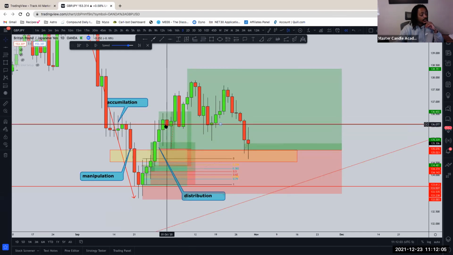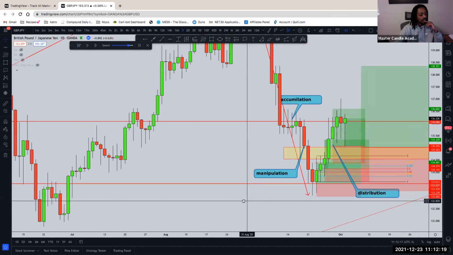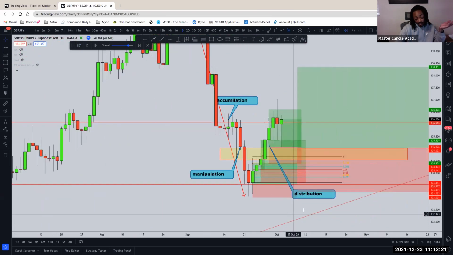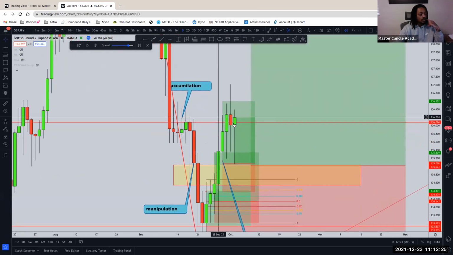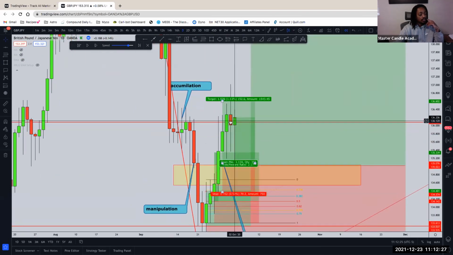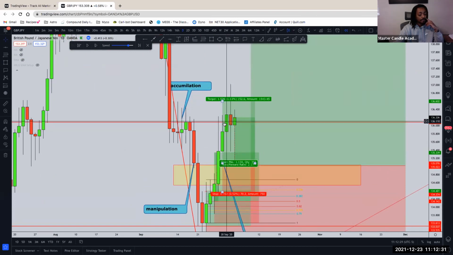Oh, right here. Yeah. So what Glow's asking me is, would this be considered consolidation? Yes. However, just knowing how this candle closed on a lower time frame, this is actually going to be a bullish flag.